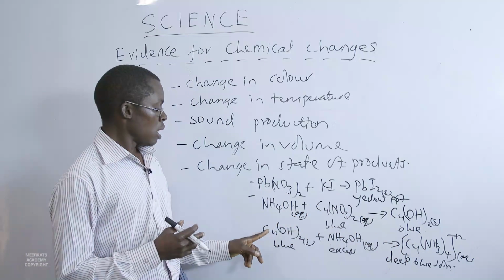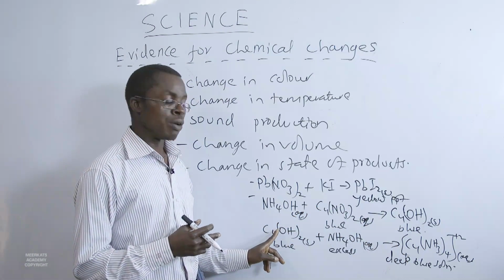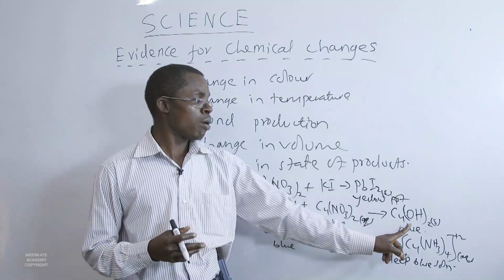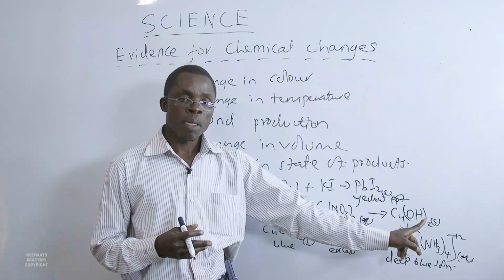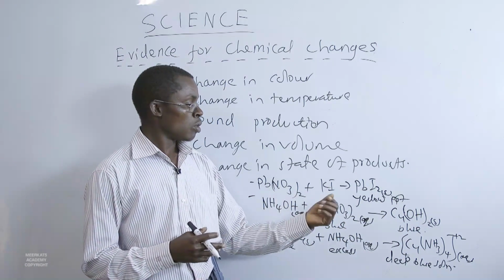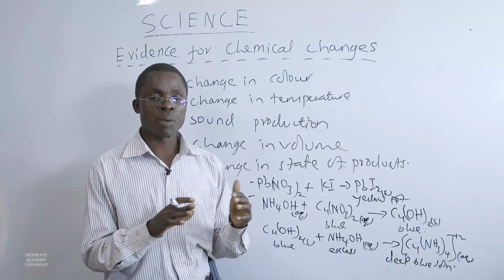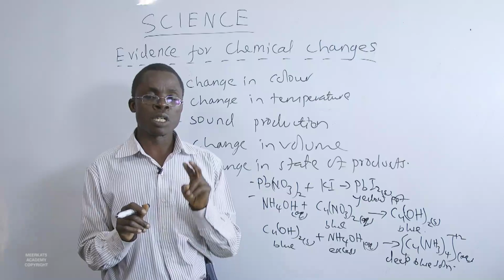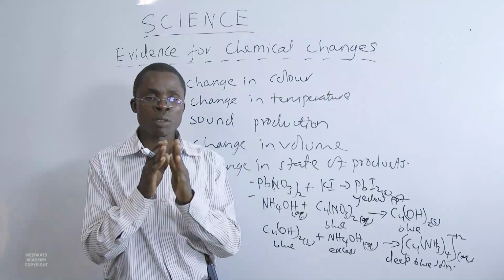It came about after copper hydroxide, which is a solid, had been formed here in a process we call precipitation. This is a precipitation reaction or double decomposition. Double decomposition, double means two. Decomposition means breaking.